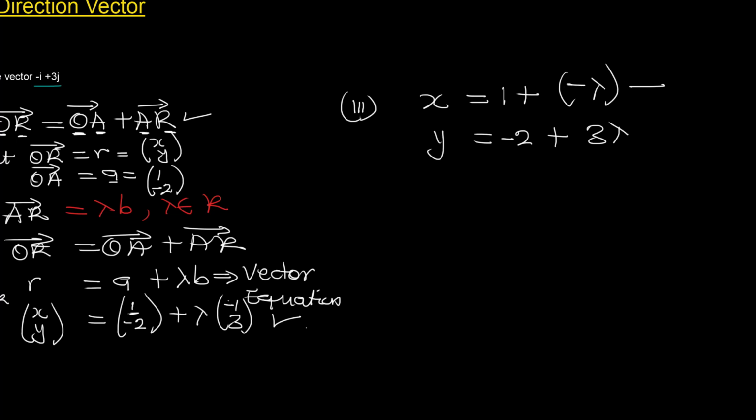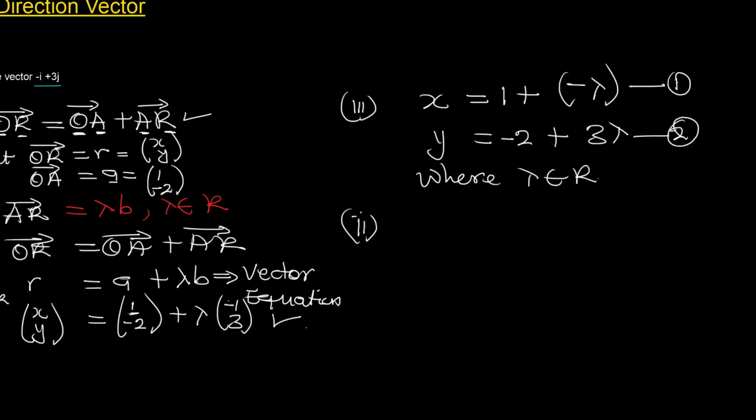These equations are called the parametric equations. Let's label them equation 1 and equation 2. They are the parametric equations because they involve the parameter lambda, where lambda is in R. Lambda is a real number. The last thing is to find the Cartesian equation.